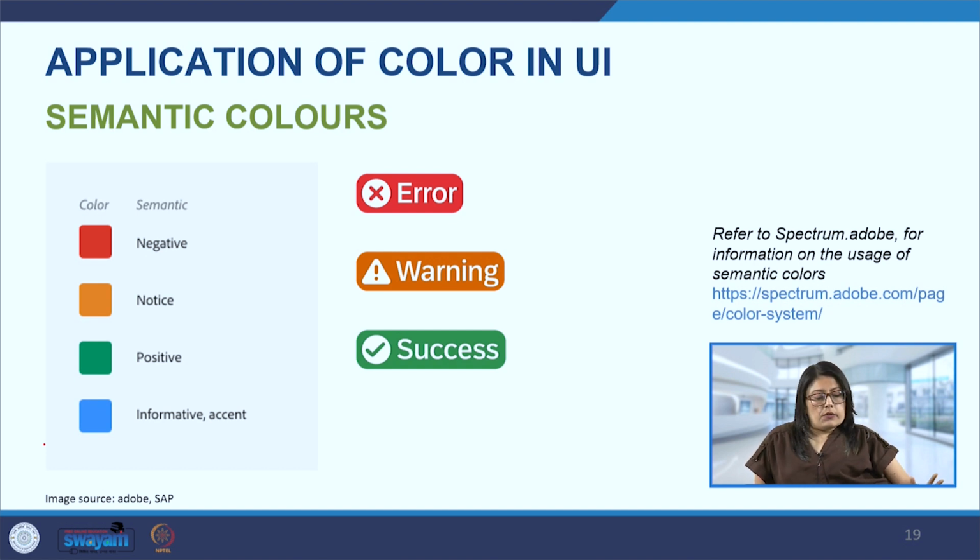Then we have the color yellow, which means caution, the color green, which says success, and color blue, which is for information. These colors are generally used in the UI, wherein they have a certain specific purpose, and usually these colors are kept for these particular purposes itself, and they are not really changed too much.